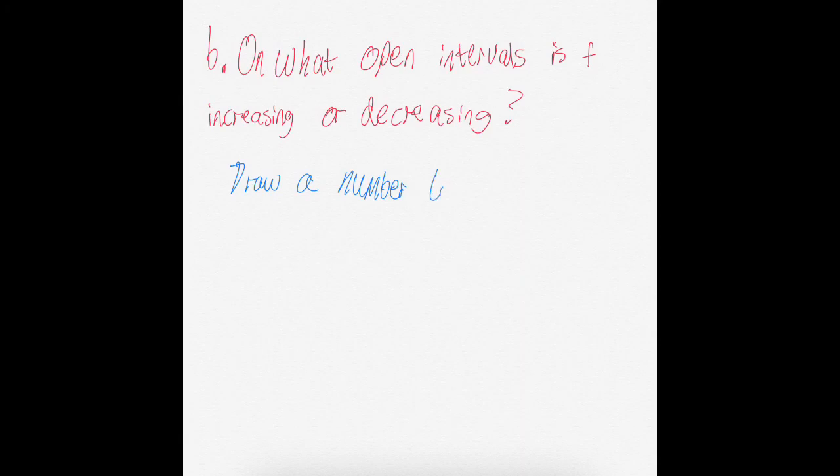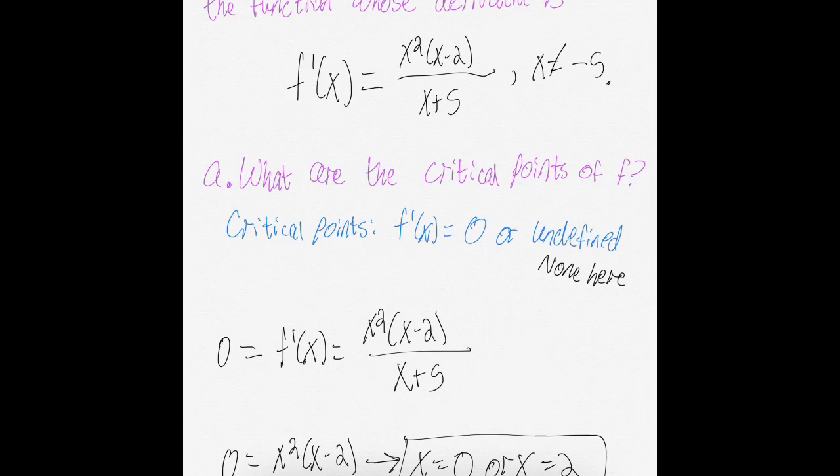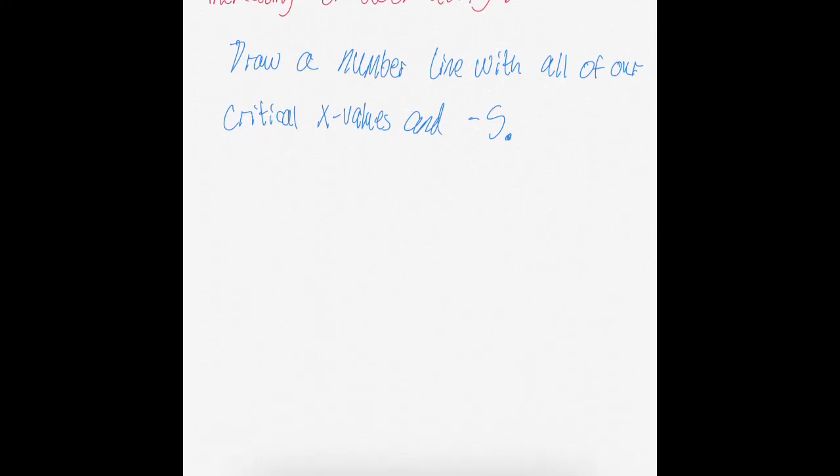So the way that I'm going to start, at least, is we're going to draw a number line with all of our critical points, all of our critical, I guess I'll say critical x values. In this case, -5. We're including -5 here because the function behaves weird there, so we should also point that out as well.